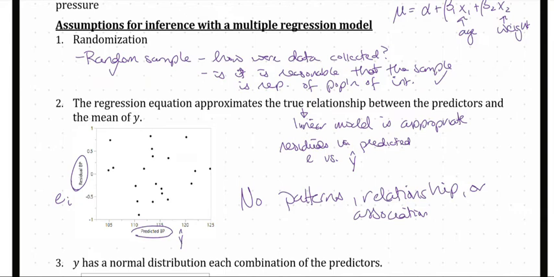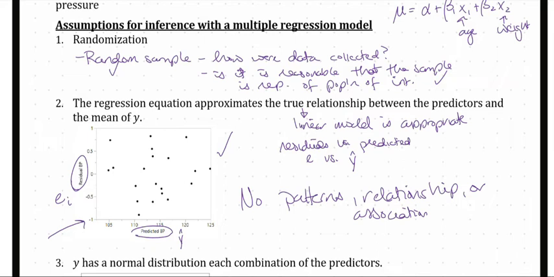So in this plot, I don't see any patterns or relationships. As my predicted responses increase, the residuals don't tend to increase, they don't tend to decrease, they don't curve or do anything like that. It just looks like a cloud of points. And so this looks good.